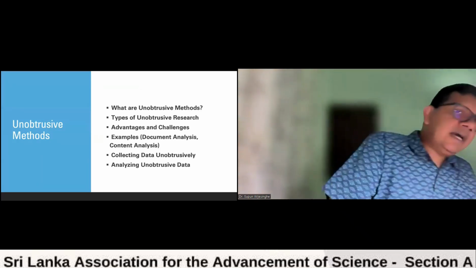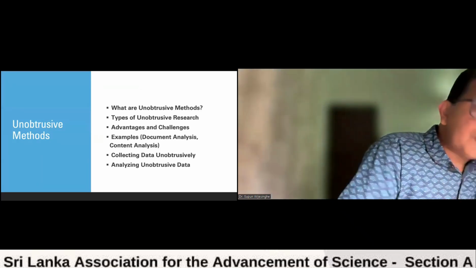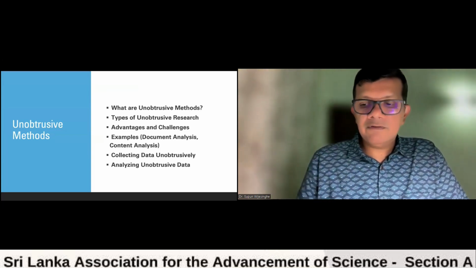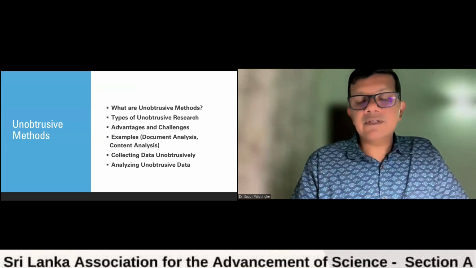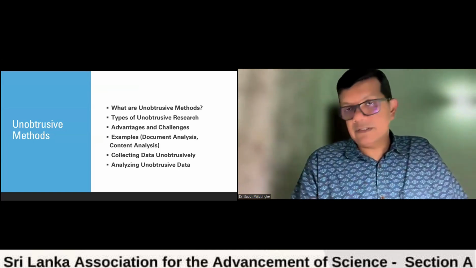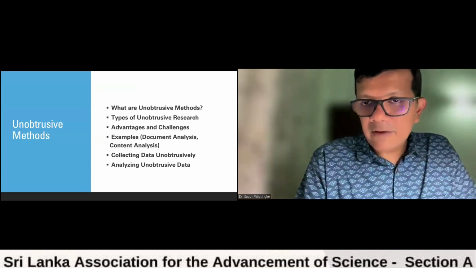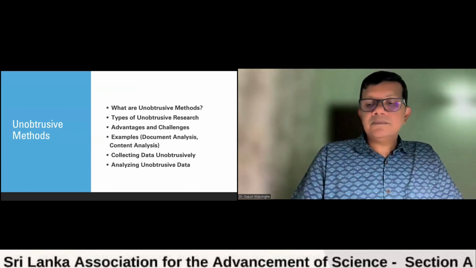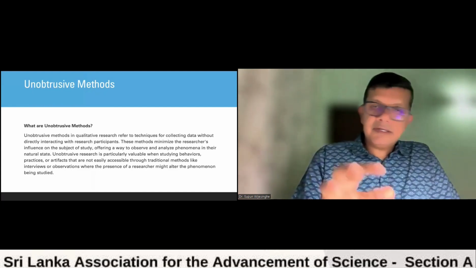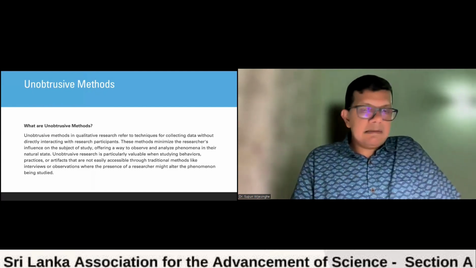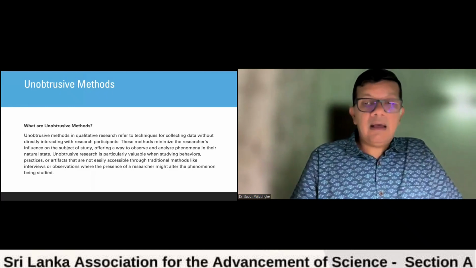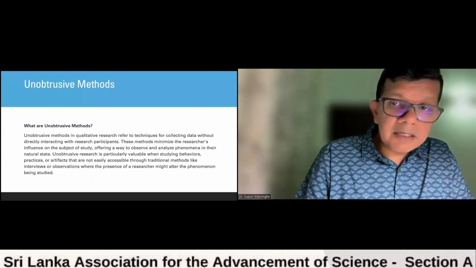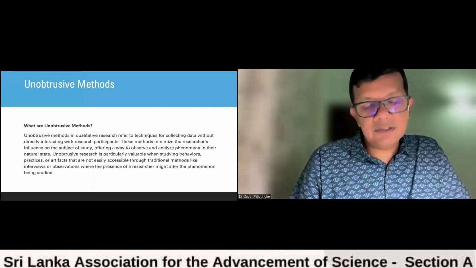Then we have another technique which most of us do not use. These are called unobtrusive methods. If you look at unobtrusive methods, we have observations, and then document and content analysis. Basically, these are qualitative research techniques that minimize the researcher's influence on the subject of study.